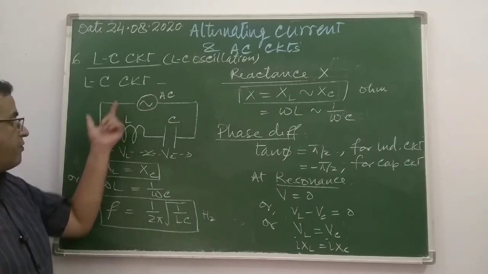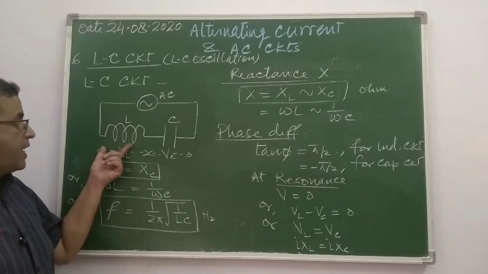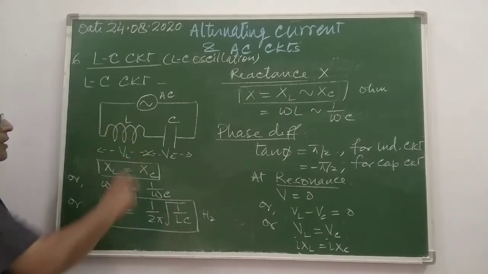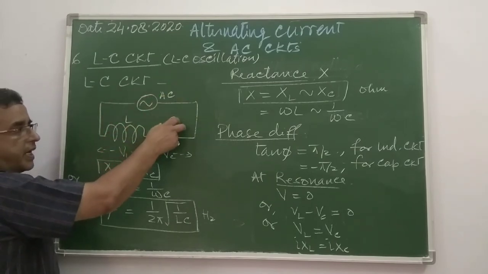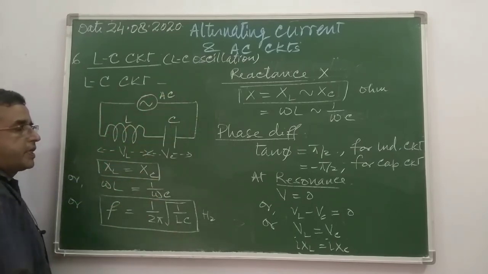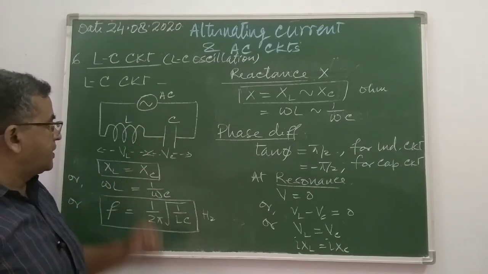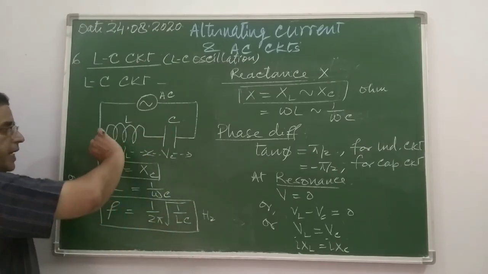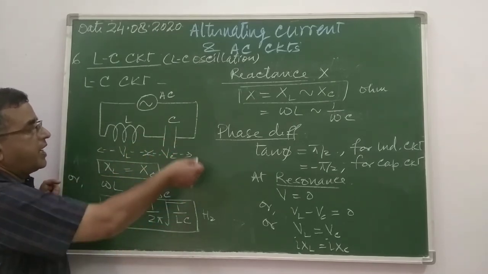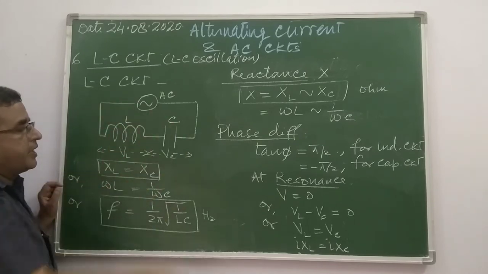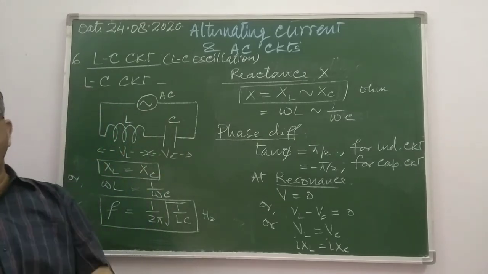So when the current flows, magnetic energy is developed, and after a while this magnetic energy is again converted into electrical energy or charge, and the capacitor is being charged. So magnetic energy is converted into electrical energy, or electrical energy into magnetic energy. So such type of oscillations continue to go on.